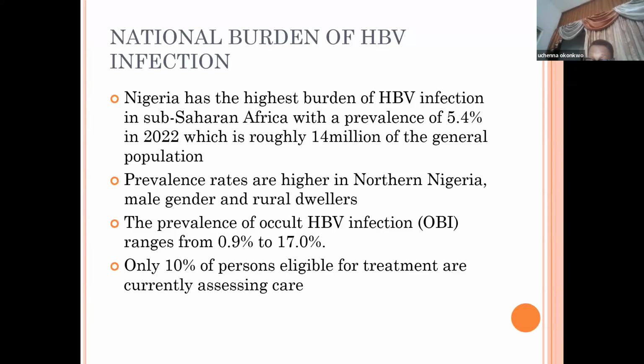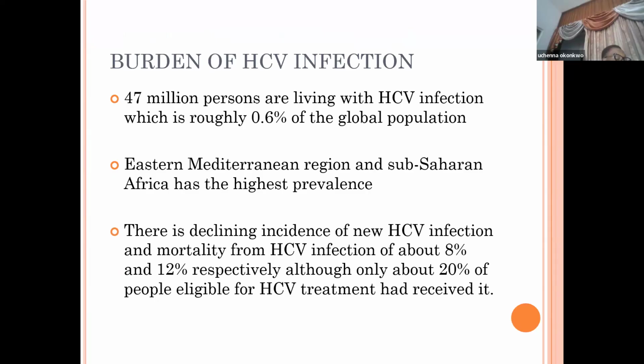And rural dwellers are also more disproportionately affected compared to urban dwellers. Now, the prevalence of occult hepatitis infection is quite high in the environment, though we don't really talk much about this. And only about 10% of persons eligible for treatment for hepatitis B are able to access care currently. Can we go ahead, please?